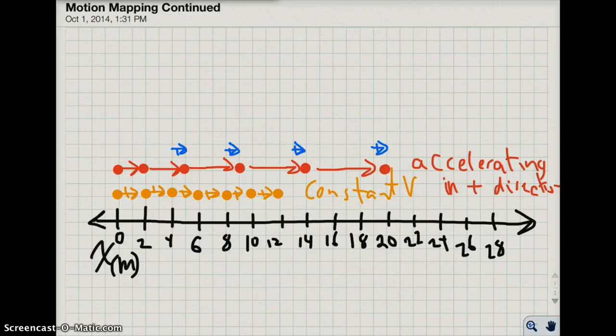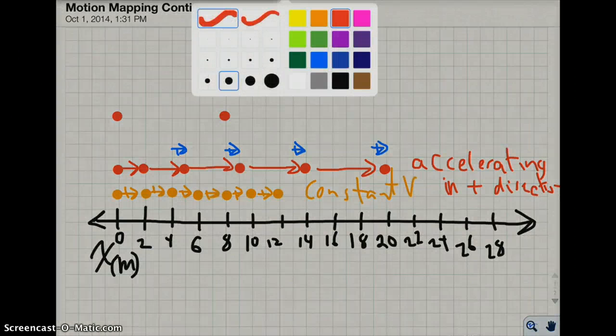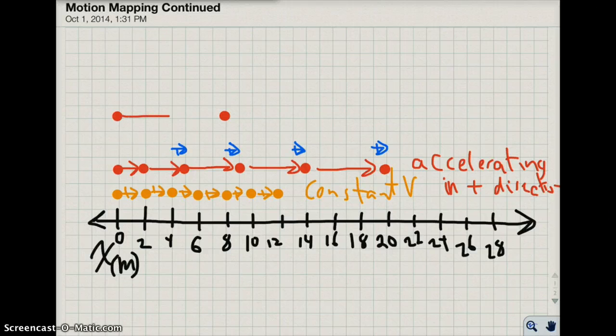All right, so now let's do another one of these, and this will allow you to see the complexities of this type of system. So here, let's take this object, and sure enough, it starts out at the 0 meter mark, just like the object before. Except this time, in the first second, it travels to the 8 meter mark. So the average velocity between 0 and 1 second is 8 meters per second.